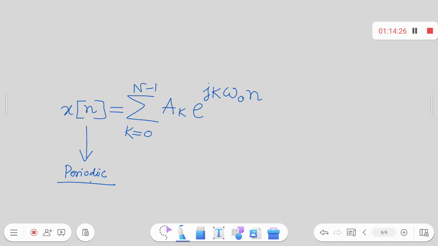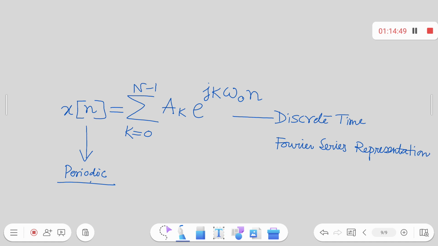This is known as the discrete time Fourier series representation, named after Joseph Fourier.